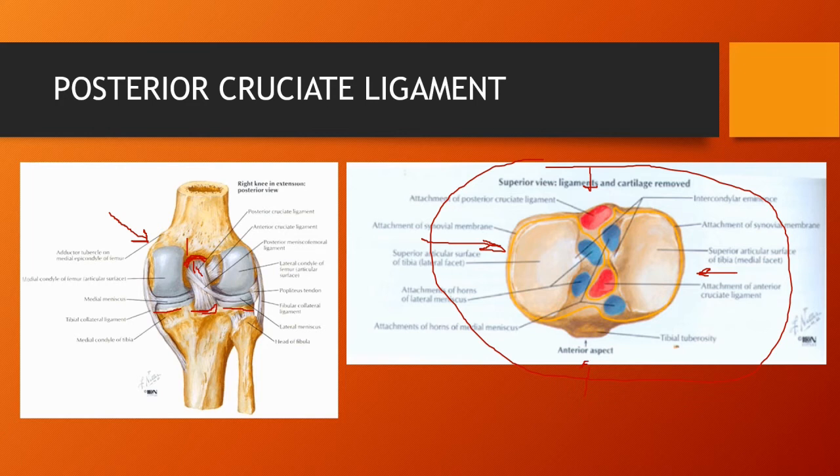We see that the attachment of the posterior cruciate ligament in between the two tibial plateaus is on the posterior aspect of the tibia, much more posteriorly directed than is the attachment of the anterior cruciate ligament, which is right here. So this is the attachment of the anterior cruciate ligament. This is the attachment of the posterior cruciate ligament here. So you can see that these attachment points are almost linearly aligned.